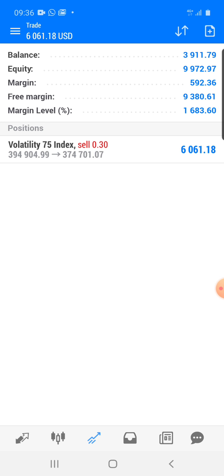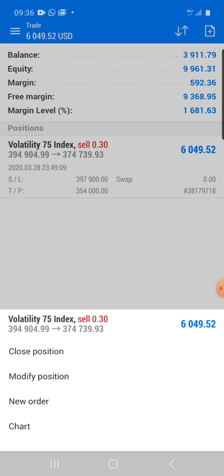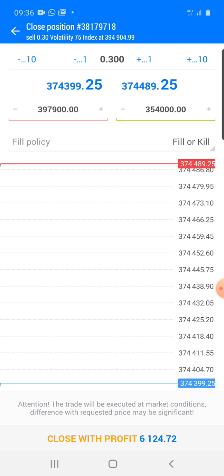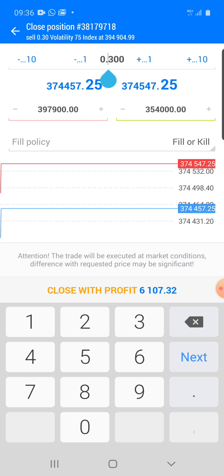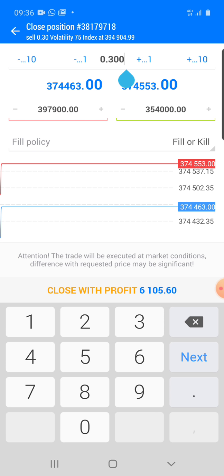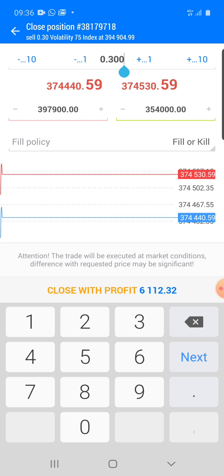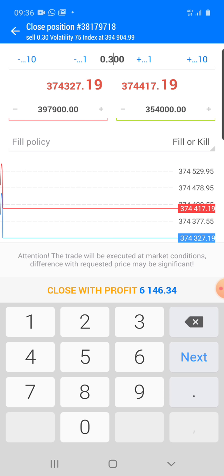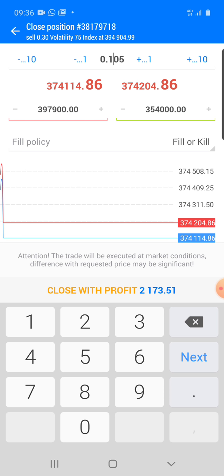To close half will be to come here, click on close position. Then to close half, I will change this from 0.300 to 0.150 if I wanted to close half. So that will close half.